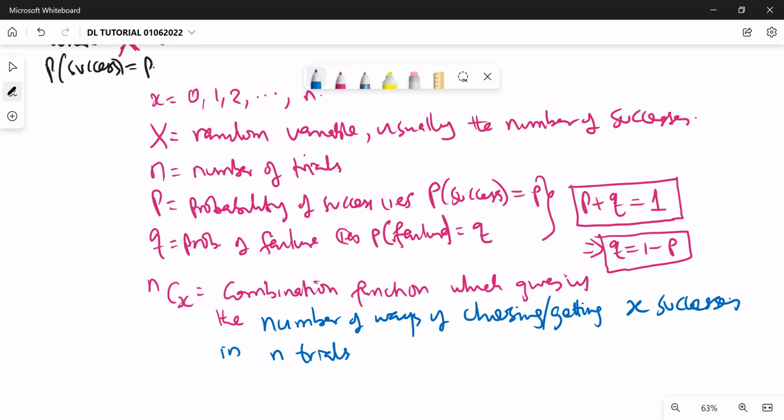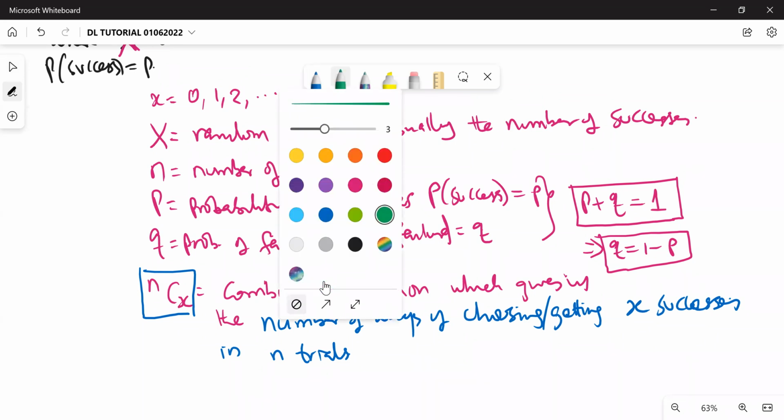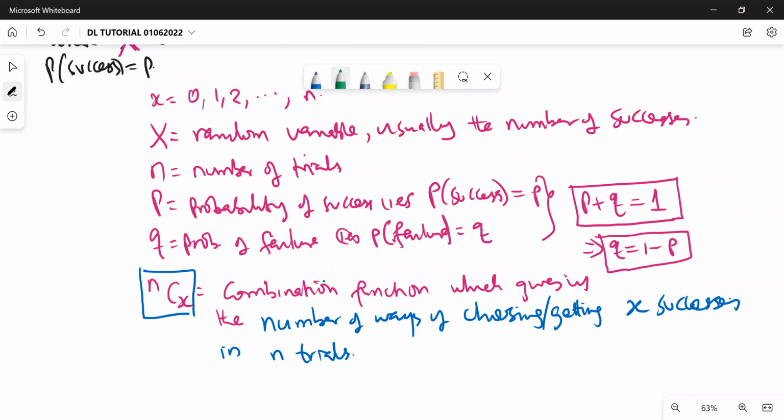And this value here will always be evaluated using your calculators. There's a formula, but I'll not be introducing you to that formula. So you'll be using your scientific calculator to obtain that value. And here we need to note that x is always less or equal to n all the time.